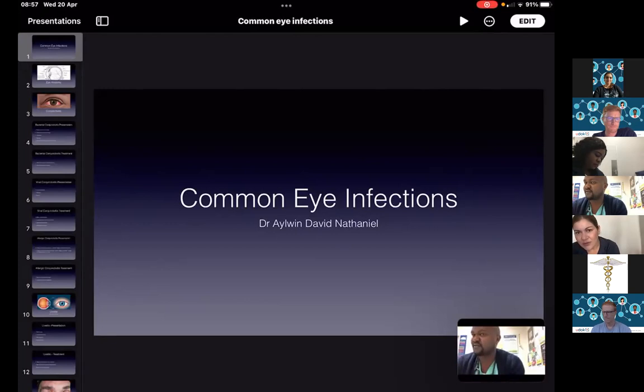As we've mentioned in the talk, there are three common types that you're going to be seeing. Two of them are infective: a bacterial infection, where you get the pus discharge, and a viral infection, where it's a clear type of discharge. The last one is allergic conjunctivitis, where there's no infection involved, but it's in response to pollen, cat fur, dog fur, whatever the patient is allergic to.